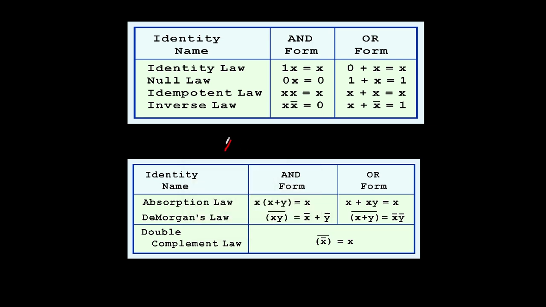So I have x, distribute this and this: x and x, or x and y.